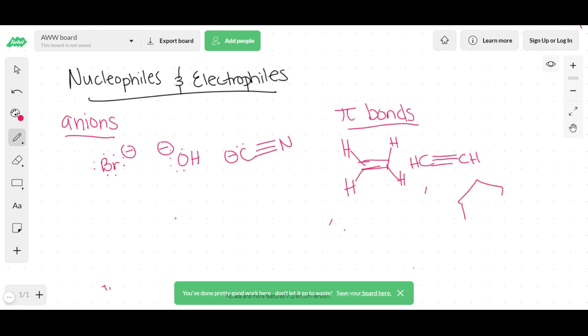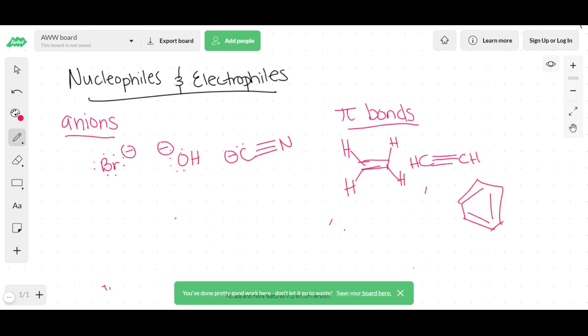And benzene for sure. Benzene has 3 pi bonds, and any of those 3 pi bonds can serve as attackers onto electrophiles.